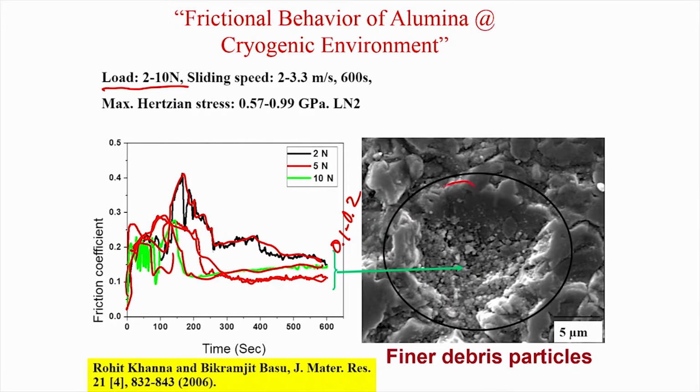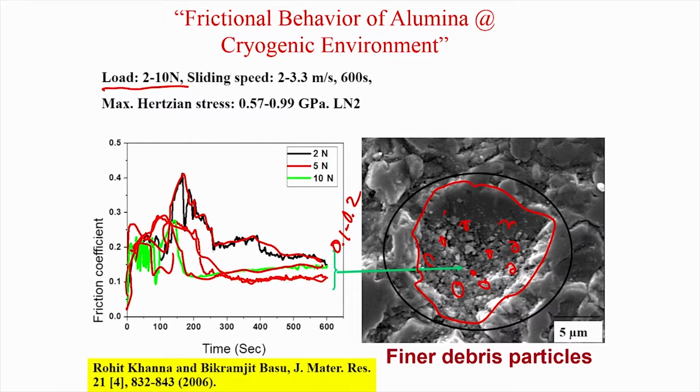If you look at these wear surfaces, you can see extremely fine debris particles, and these are essentially alumina wear debris particles. So, what happens during sliding wear at high speed conditions?